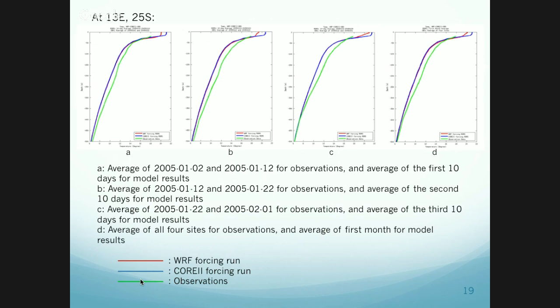But what is also very noticeable is that for both CORE 2 and WRF forcing, the temperature is cooler than the observation below about 50 meters here. Which means that for both models, the stratification is pretty strong, stronger than the observation shows here.